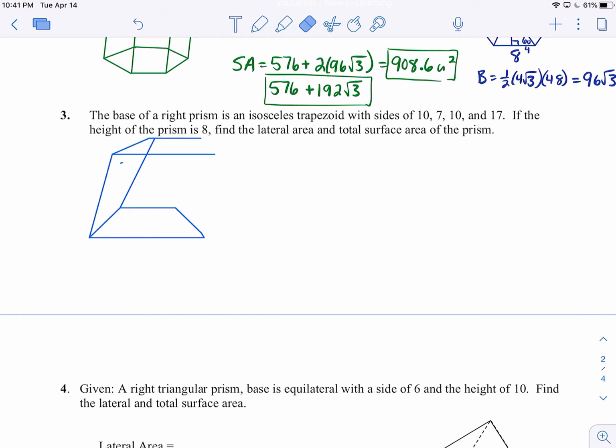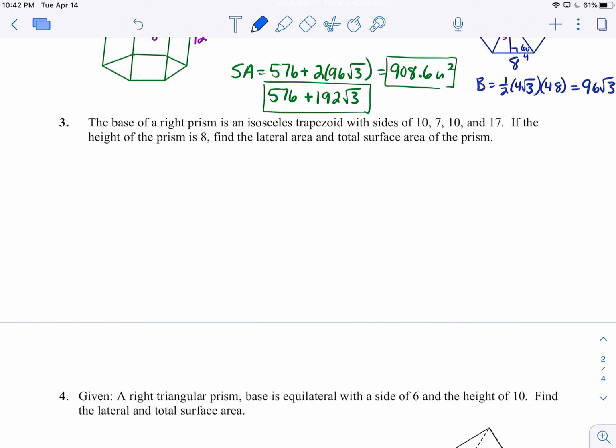This is not my best. Takes some time to get used to. Oof, I've got to cut this out. This is terrible. We're going to restart this problem.